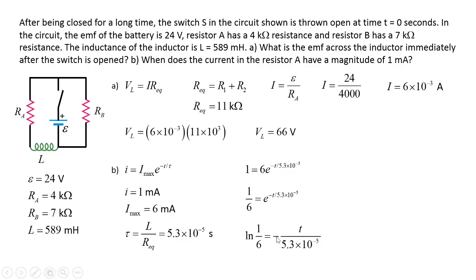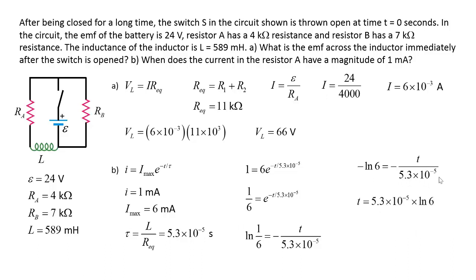And even though you have a minus here, you have to remember the natural log of 1 over 6 is also a negative value. This natural log of 1 over 6 can be written as natural log of 6 to minus power 1, which means that I can rewrite natural log of 1 over 6 as minus natural log of 6 equals minus t over 5.3 times 10 to minus 5.